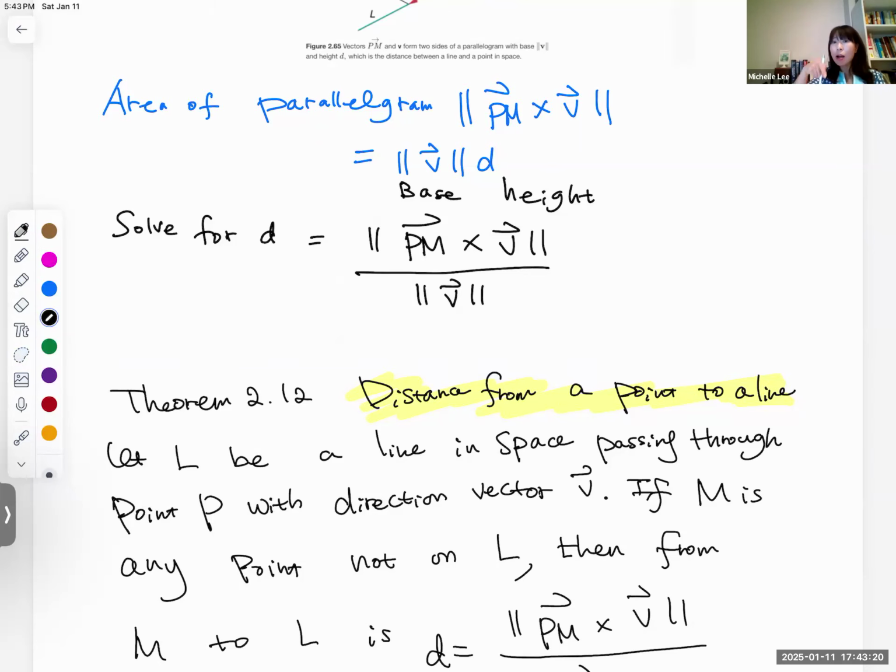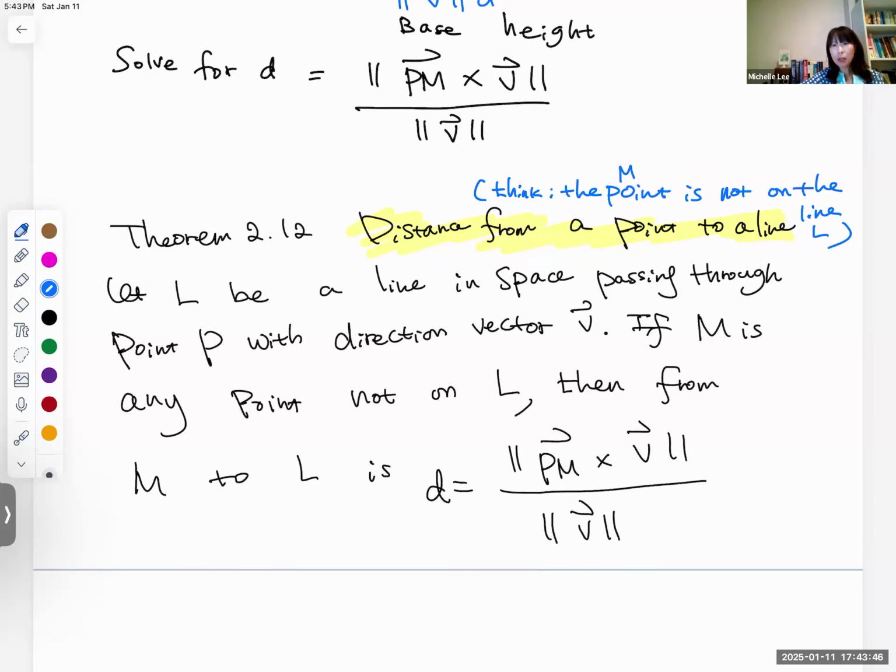So that point is not on the line, the M in this case. Then the distance formula gives us the magnitude of PM cross product with vector V divided by the magnitude of vector V. All right.